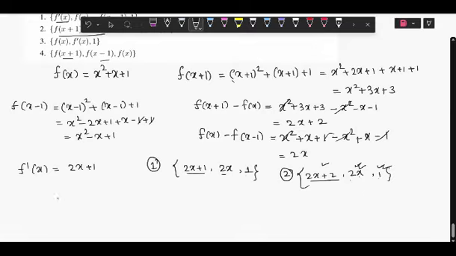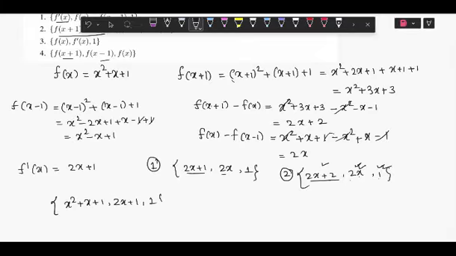The third option: f(x) is equal to x square plus x plus 1, f dash x we have 2x plus 1, and then we have the constant term 1. Now they are linearly dependent or independent, वो तो हम ऐसे देख के नहीं बोल सकते.